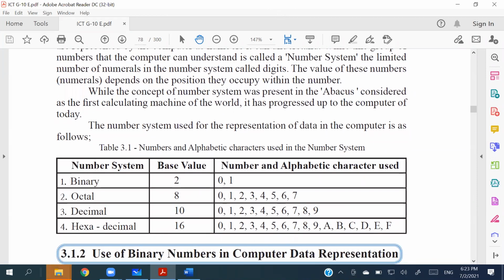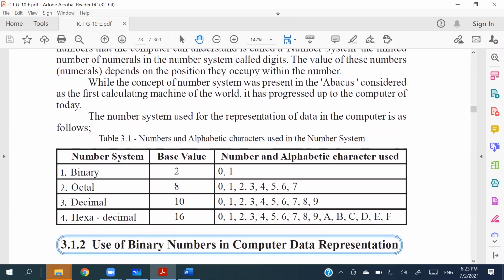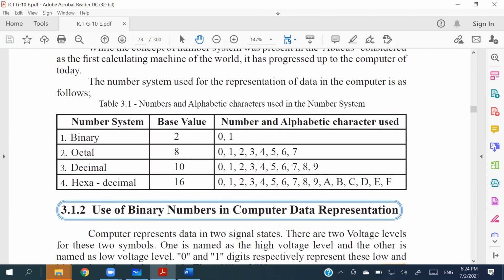When we describe number systems, we talk about four particular number systems regarding computing. Decimal is the number system that we always use for our day-to-day deals. If we represent something as a number, it's a decimal number.